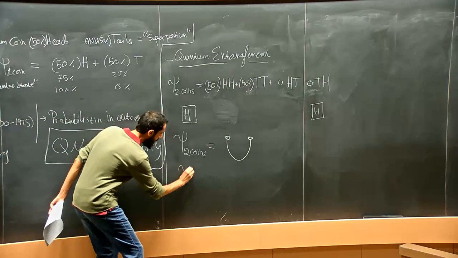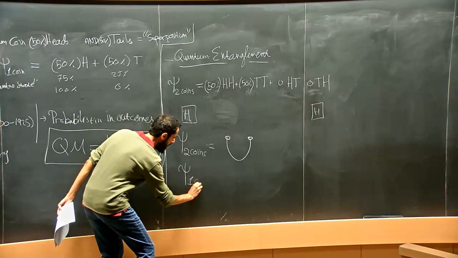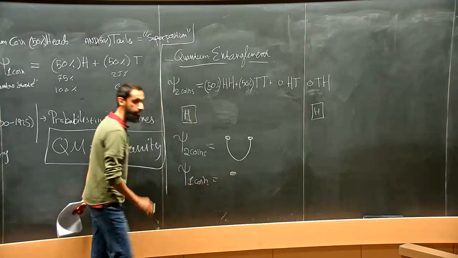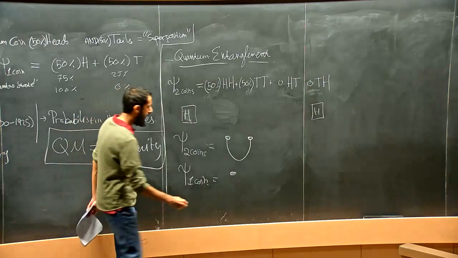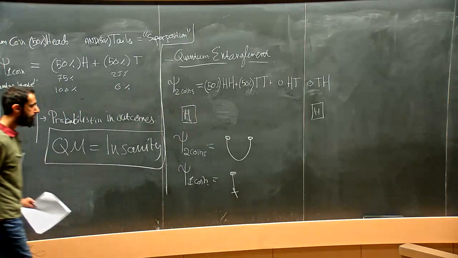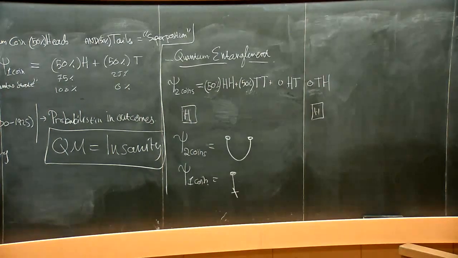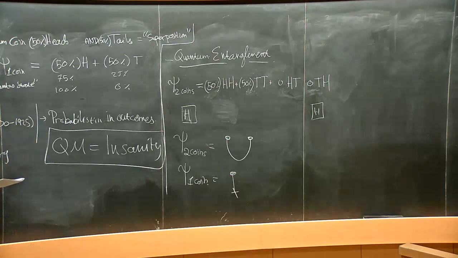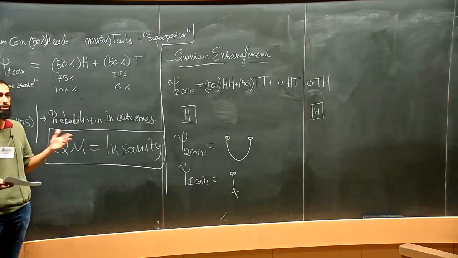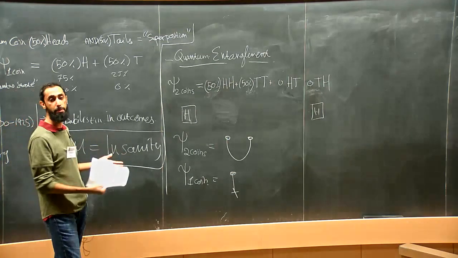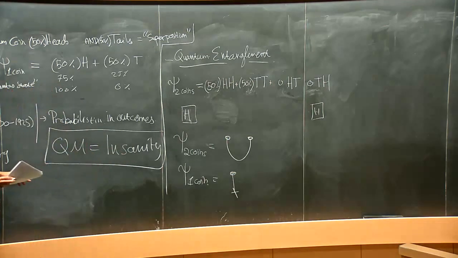The corresponding picture for a single coin is that you have a single particle that's not entangled to anything else, and we often represent that by something that looks like this. I'm developing some rules that are going to be useful later, and I want to give you a taste of some of the mathematical manipulations that we perform when studying this problem.